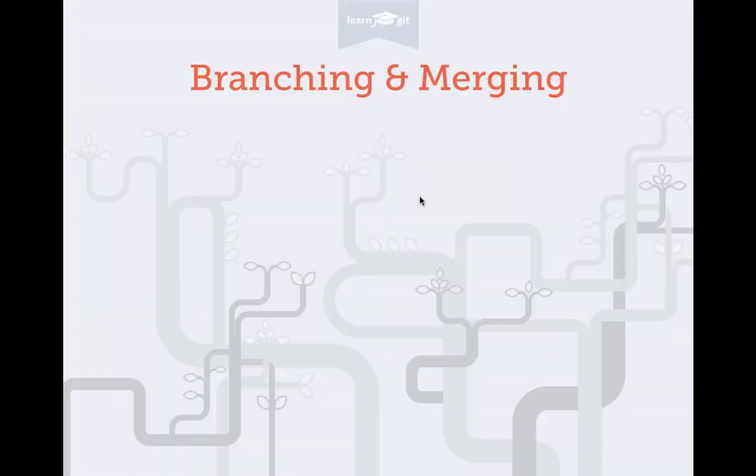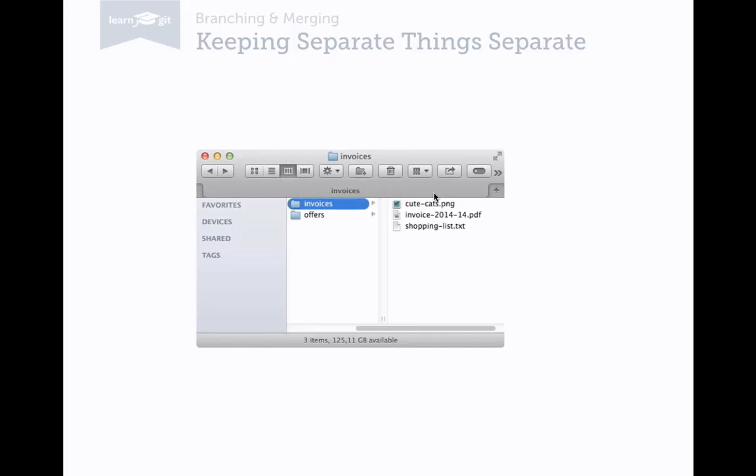So let's talk about a very, very important topic, because when people ask me why they should or could use Git as their version control system, my number one answer is definitely branching and merging, and number two also branching and merging. Branches are a means to keep separate things separate.